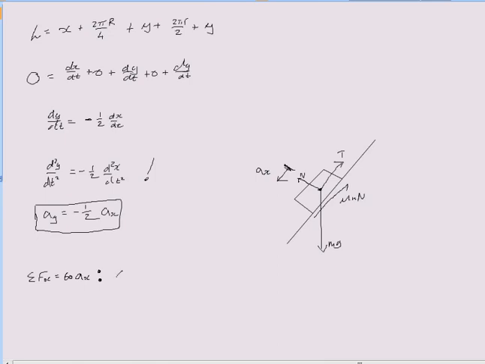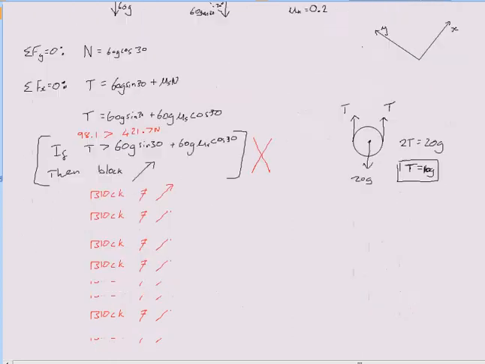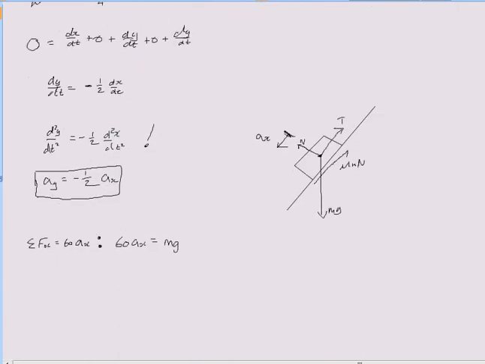So that implies that 60ax is going to be equal to, well, the force acting down the slope, it's just going to be mg sine theta, I believe it was. Let me just scroll up here. It would be mg sine 30, yep. mg sine 30.